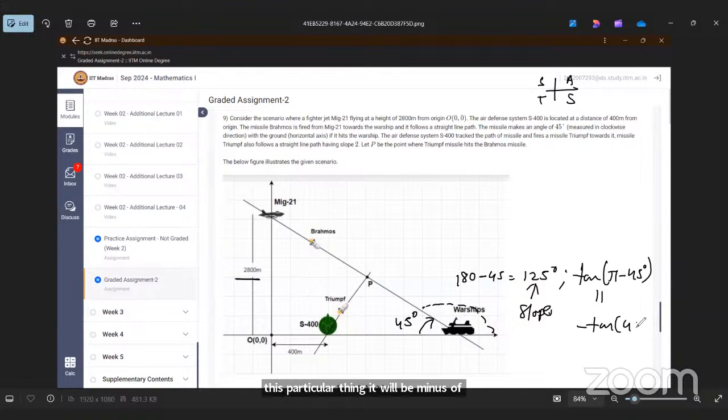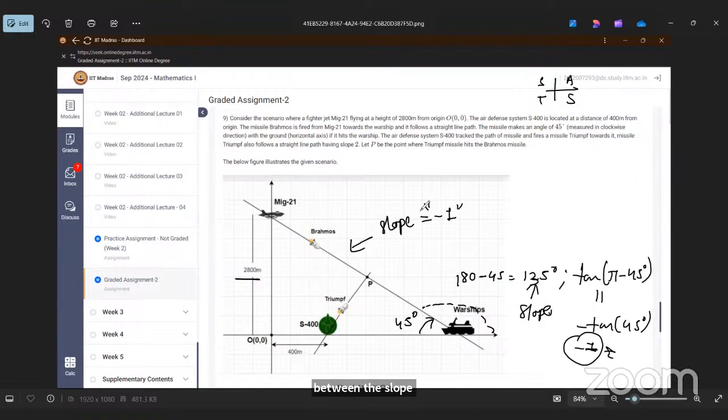Tan of 135 will be minus 1. So this is your slope. That means the slope of this line will be minus 1. And one point is given to us, which is this point, (0, 2800). So using these two conditions, we can find the equation of the line for this path, correct?